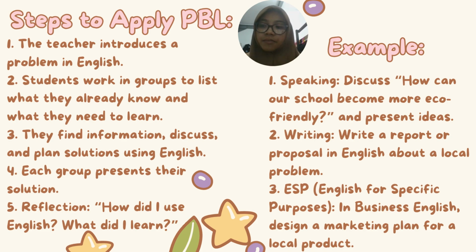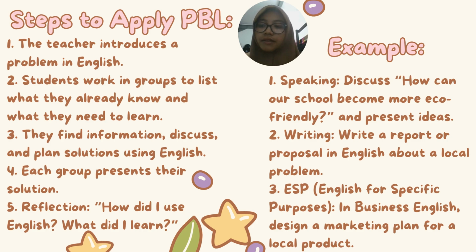There are many examples of problem-based learning activities in English classes. For speaking activities, students can discuss topics such as how can our school become more environmentally friendly, and then present their ideas.